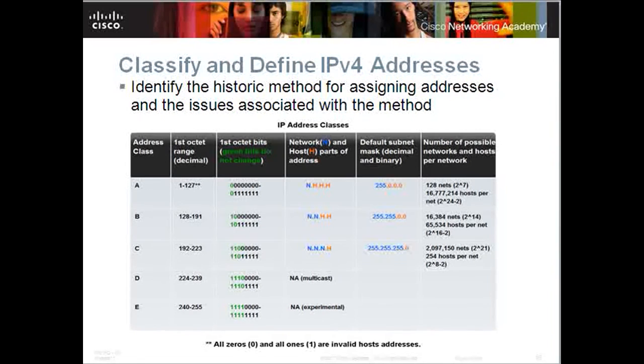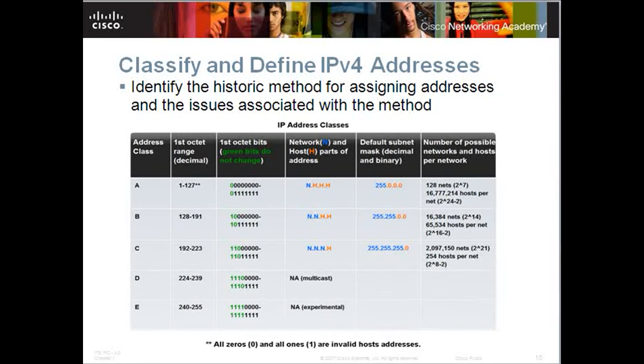We need to calculate the default subnet mask by setting network bits to 1 and host bits to 0. So the default subnet mask for A is 255.0.0.0, for B 255.255.0.0, and for Class C the last octet is 0 and the remaining are 255. That is how we get the subnet masks of the different classes.